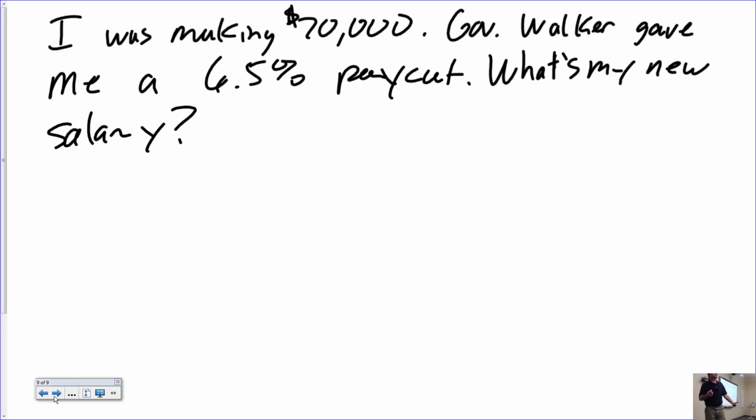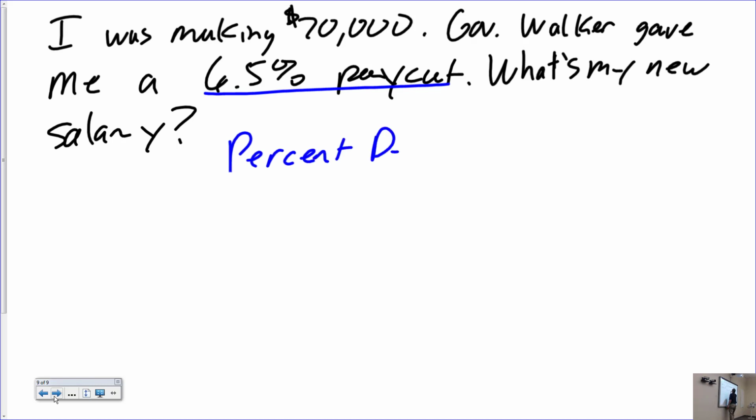So note here, the only difference is that I changed the word that came with the percentage: pay cut. This, therefore, is a % decrease problem. What's the difference between % decrease and % increase?